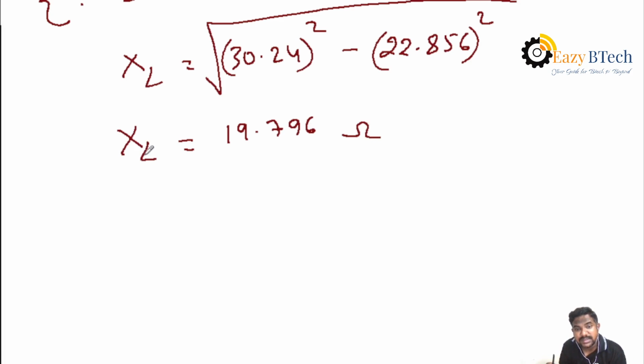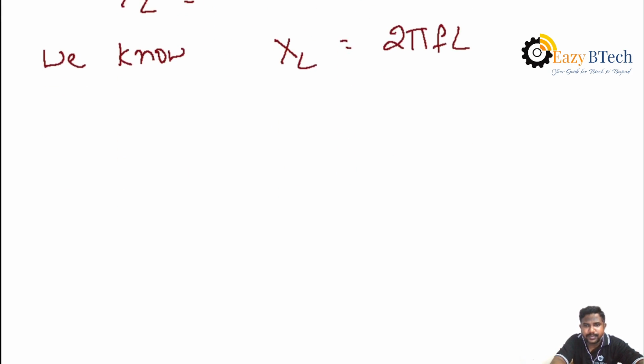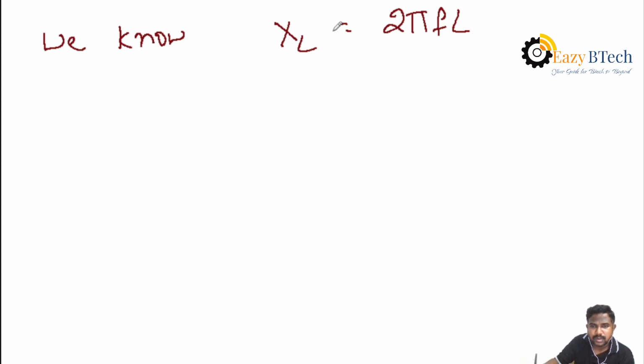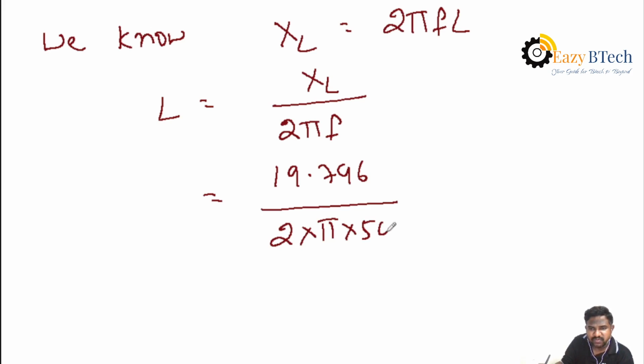But we require the circuit element inductance L. Therefore, by using the formula for inductive reactance, XL equal to 2 pi FL, we get inductance L equal to XL by 2 pi F. The value of XL is 19.796 by 2 into pi into 50.